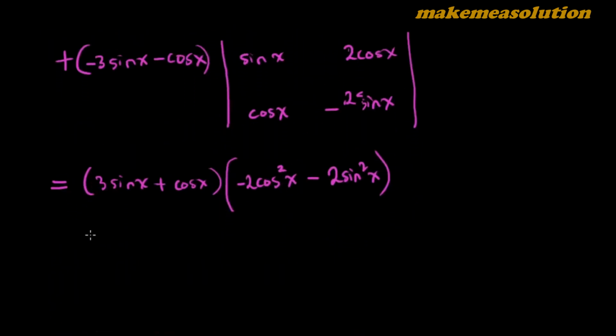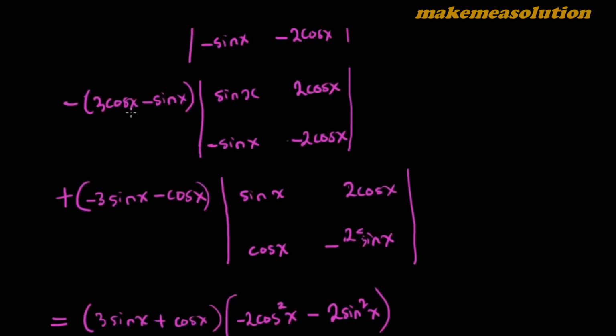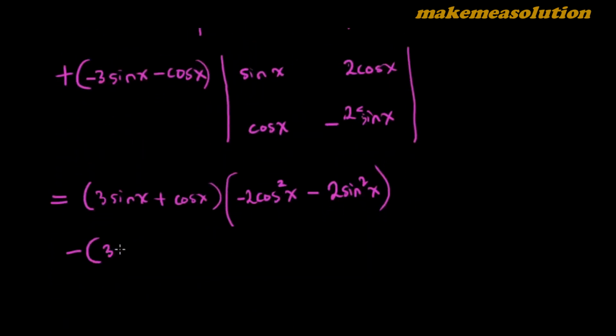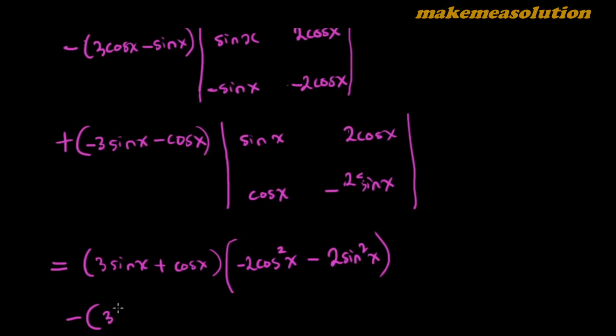Then we now have minus this term over here: 3 cos x minus sin x, then into, so let's expand. Sin x times minus 2 cos x gives me minus 2 sin x cos x.